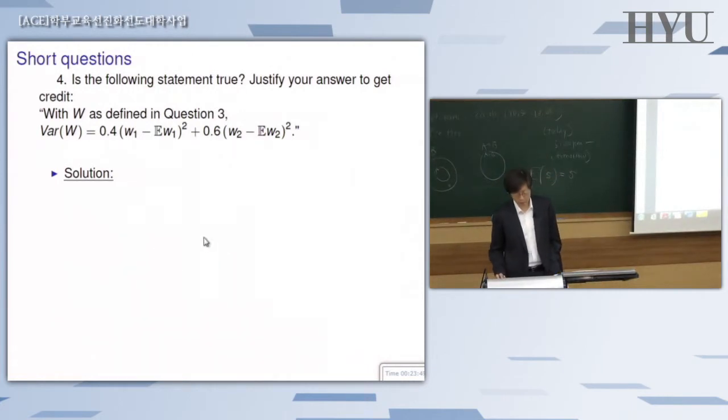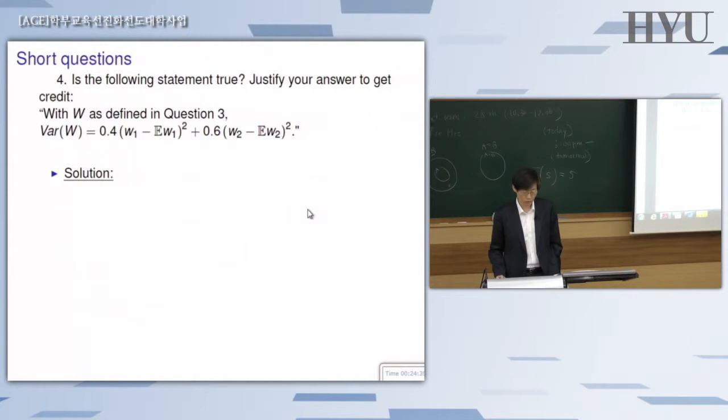And now you turn to the variance of W, not the expected value. So it claims that for the same W defined as in the previous question, if you compute the variance of W this time, the probability of first occurrence 0.4, and then the stuff inside is squared, is W1, the first value taken by this W, minus expectation of W1, and 0.6, the probability for the other outcome, and that outcome is W2, and subtract the mean of W2, and then square.